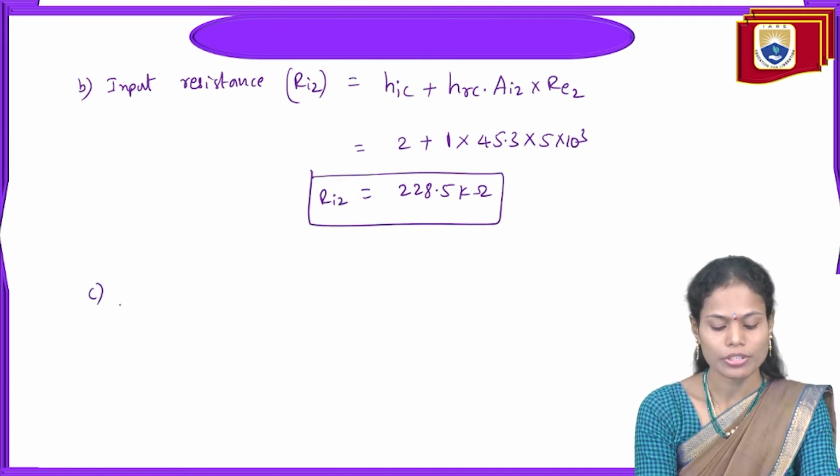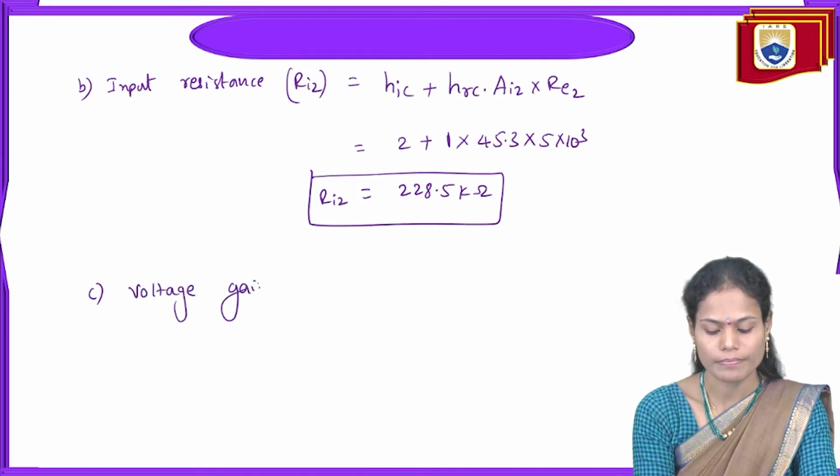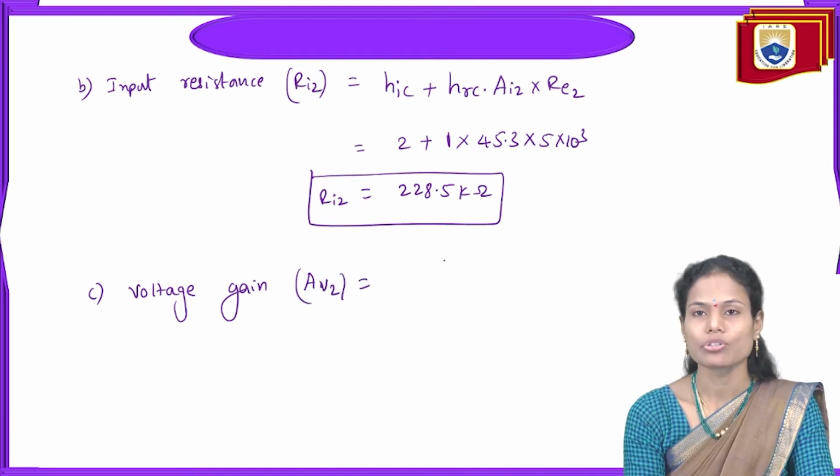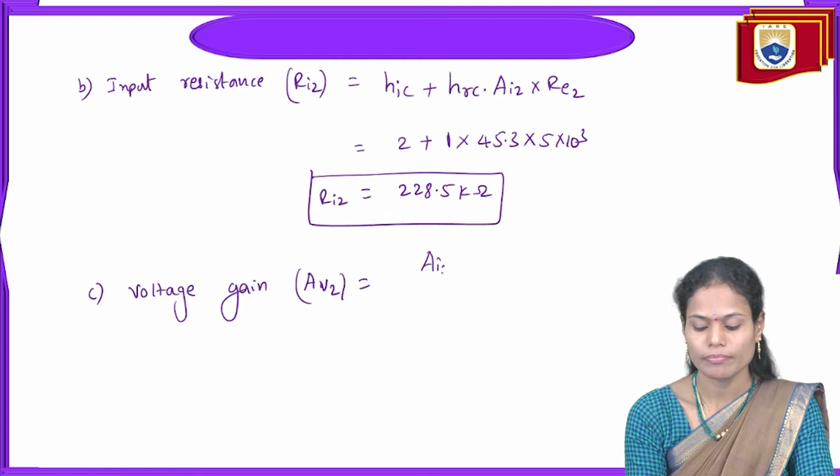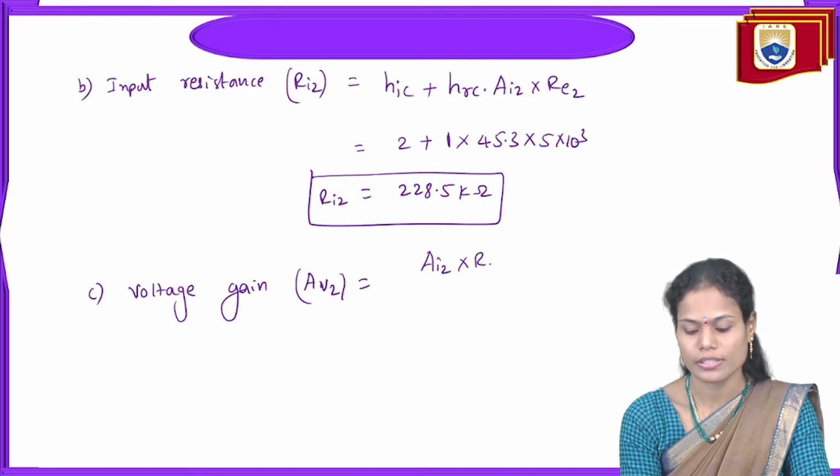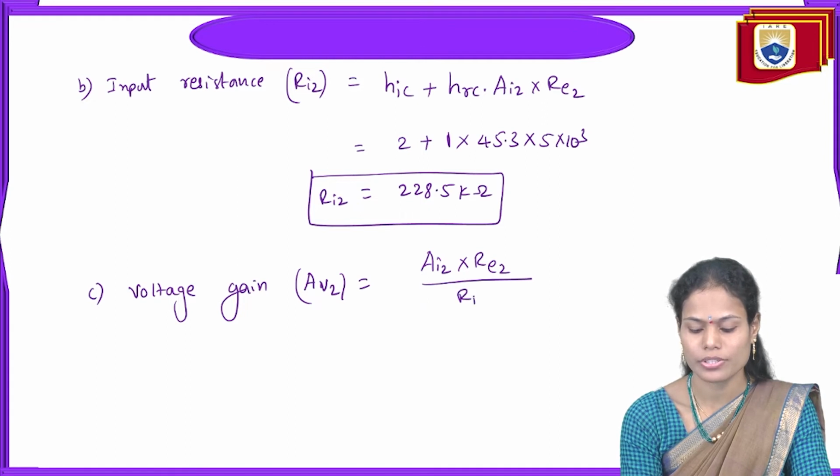And the next parameter we need to calculate is the voltage gain of the second stage, that is AV2. We can calculate AV2 by multiplying the current gain of the second stage by the load resistance, that is RE2, divided by the input resistance RI2.